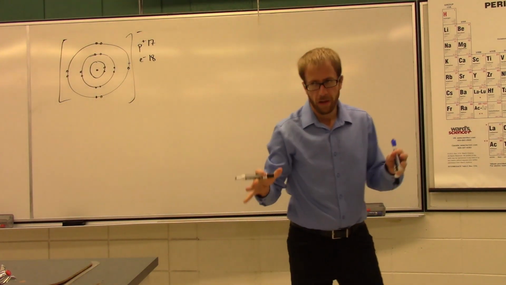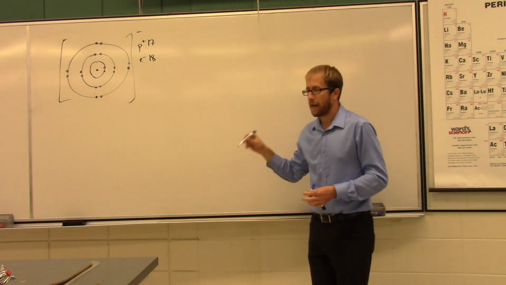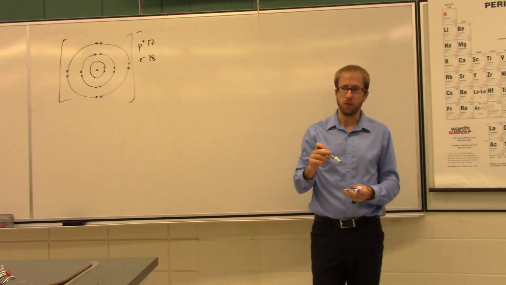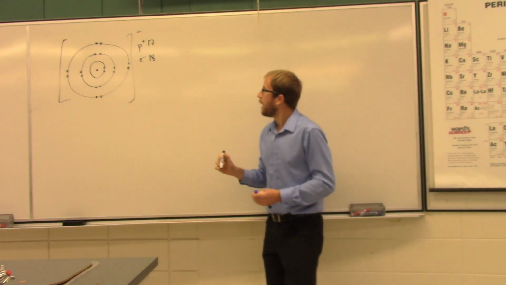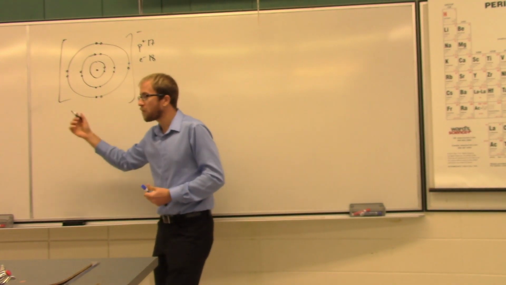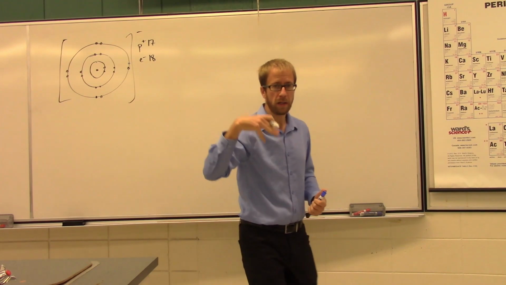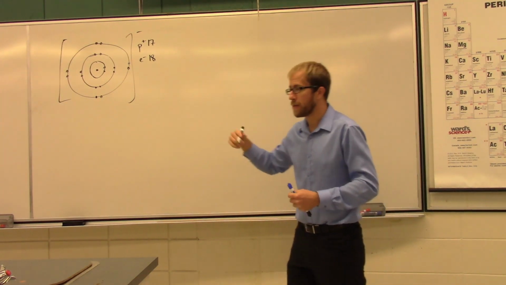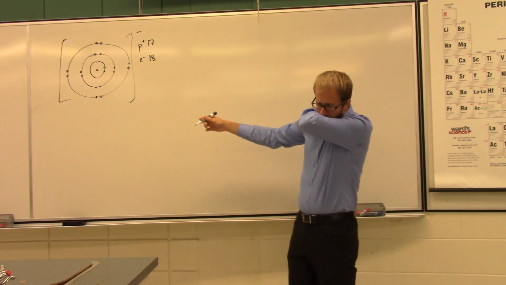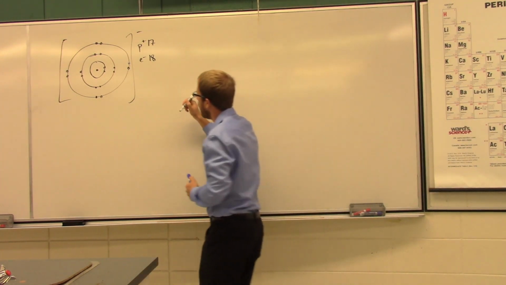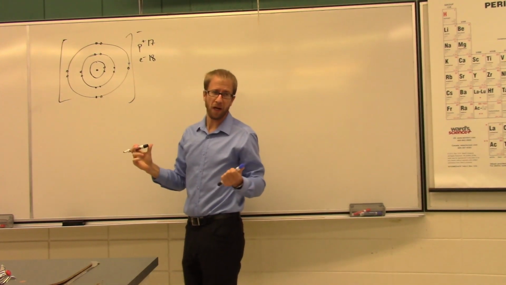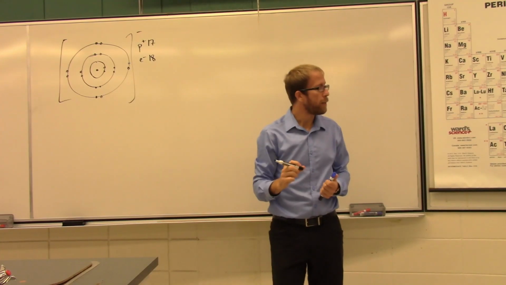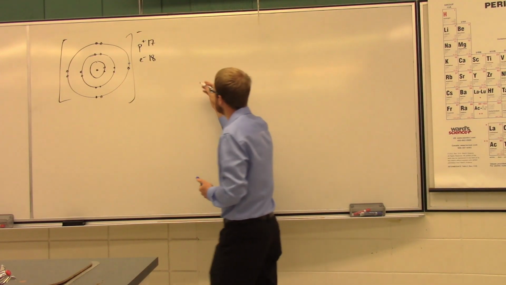Right, so again, key ideas here. Atoms form bonds to get a full shell of outer electrons. Their charge comes from how many electrons they lose or gain. If we look at an element on the other side, say aluminum, for example, how many valence electrons does aluminum have?